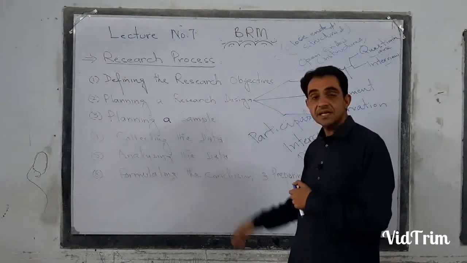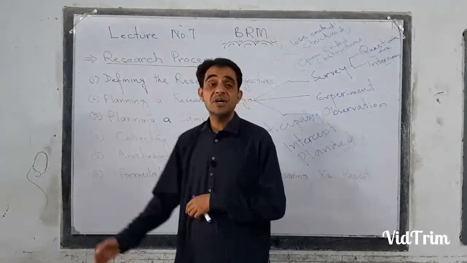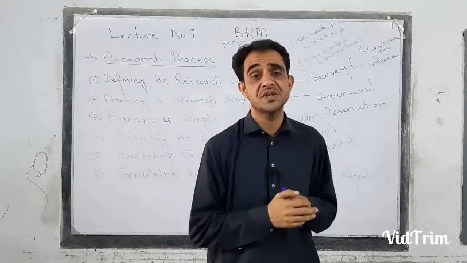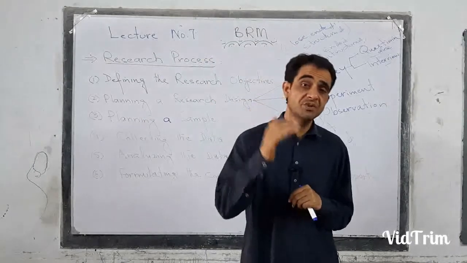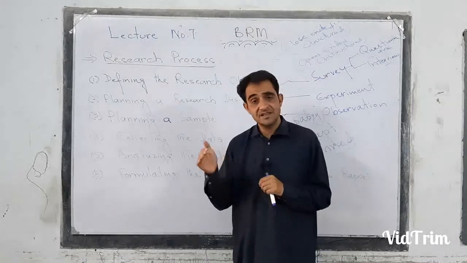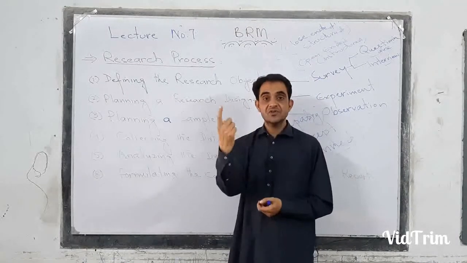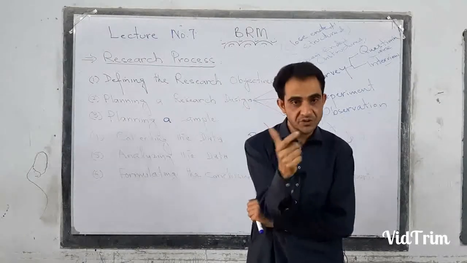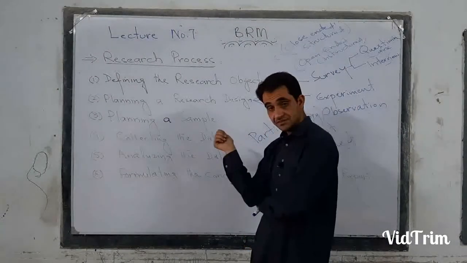That is called sampling design. Sample size is the number of the respondents. I told you 500 BBA students will represent the overall population. So these 500 BBA students are called sample size. Sample unit is one individual of this sample, like one BBA student is the sample unit. So this is called planning a sample.